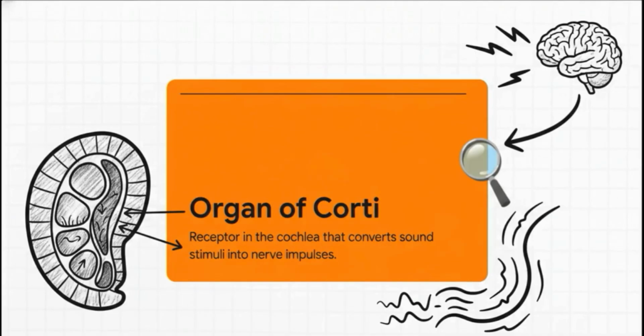This is your body's ultimate translator. It contains tiny hairs embedded into a membrane, so when pressure waves ripple through the fluid, those hairs bend. The organ of Corti takes those mechanical vibrations and converts them into electrical nerve impulses. Those impulses travel up the auditory nerve to your cerebrum, and that is where you actually experience hearing a sound.